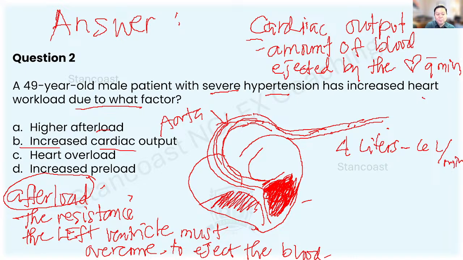Imagine that, per minute. 4,000 mLs to 6,000 mLs per minute. That is the amount of blood that the ventricles are pumping every minute. That's a lot, guys. So if you are a huge water drinker using that big Aquafina bottle, there are about four to 6 bottles of those Aquafina bottles being pumped by your heart every minute. So that's a lot, guys, every minute.